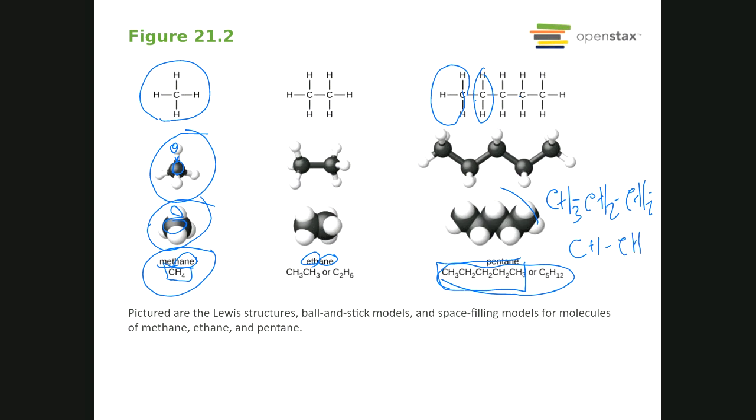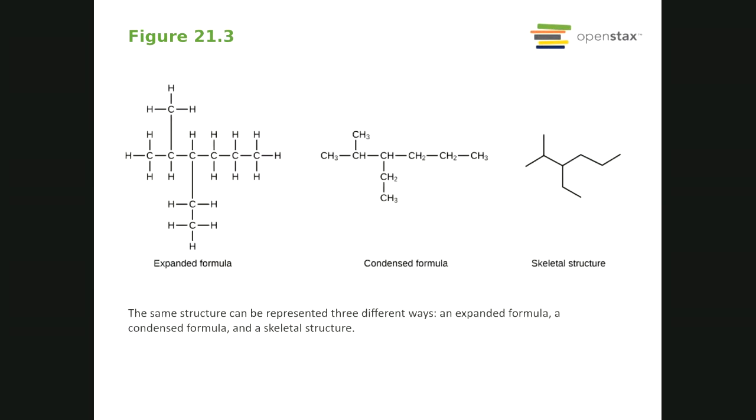So basically it starts with CH3 and ends with CH3 because each carbon must be attached to 4 bonds. Expanded formula again shows the connection. Condensed formula doesn't show the connection between carbon and hydrogen, but it shows the connection between carbon-carbon.